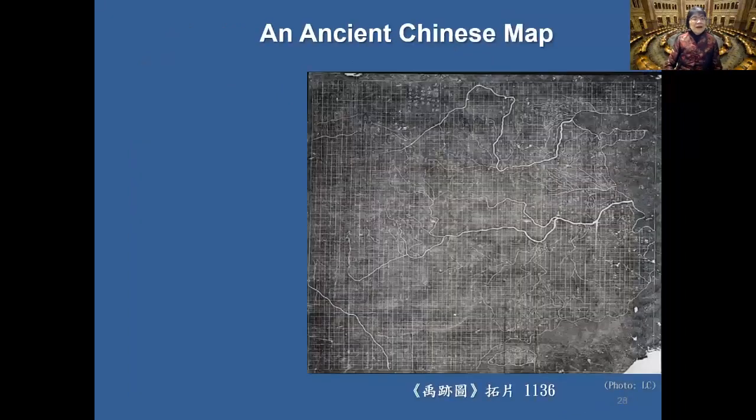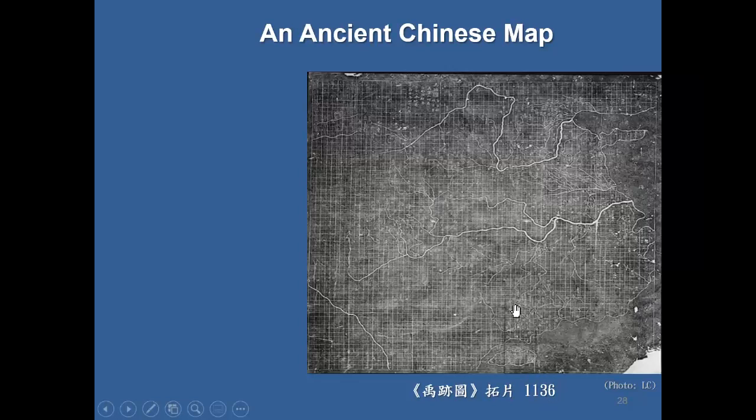All right, I'd also like to share with you some very old Chinese maps. These are carved on a stele, like a piece of rock, and these are rubbings of that very old piece of stone. That stone was made in 1136.